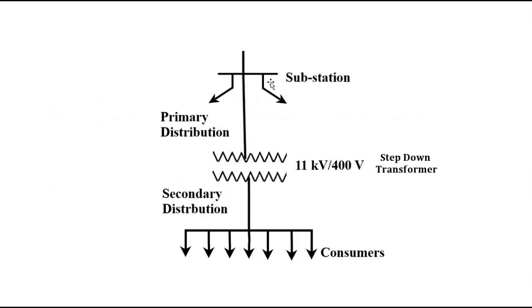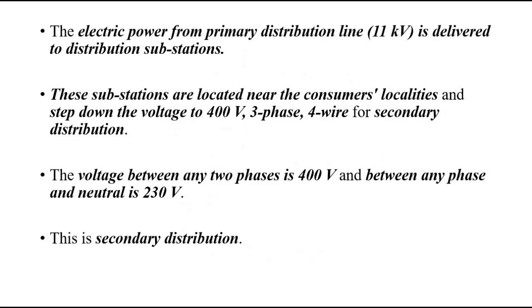So understand, from the substation the 11 kilovolt is again stepped down to 400 volt. Here the voltage between two phases is 400 volt, and between the phase and neutral it is 230 volt. This is the important thing that you must understand, and this forms the secondary distribution.